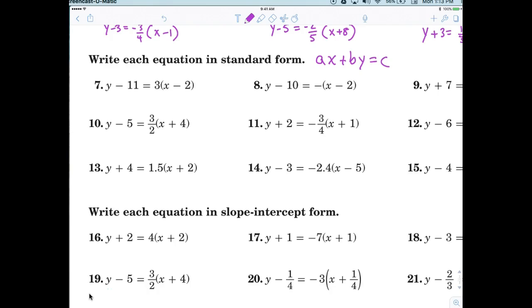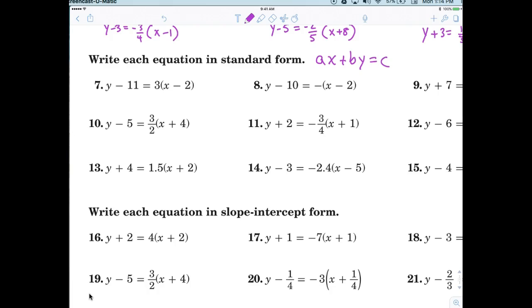Relatively prime just means there's no number that divides into all of A, B, and C. Let me say that one more time because I'm not going to write it. We're going to do it enough that it'll be obvious to you. A must be positive, and you're not allowed to have fractions. Everybody good with that? Now, if you'll notice, x and y are on the same side of the equation.